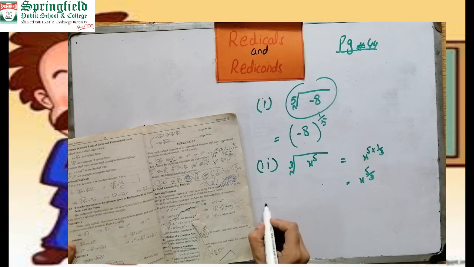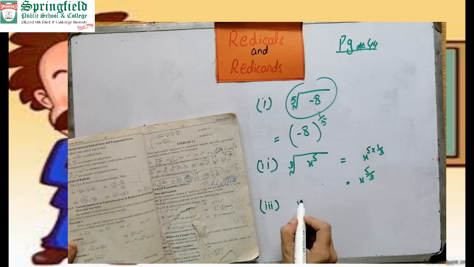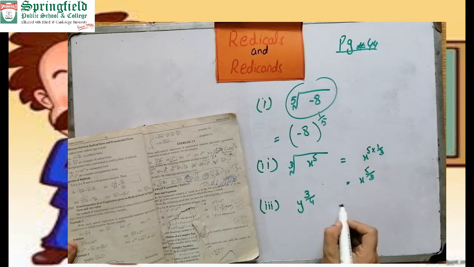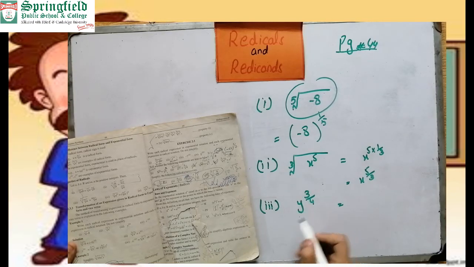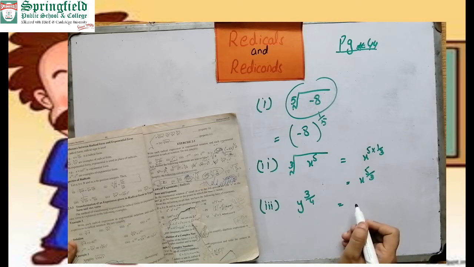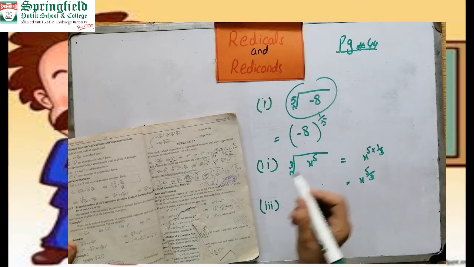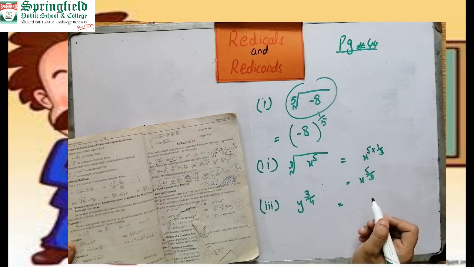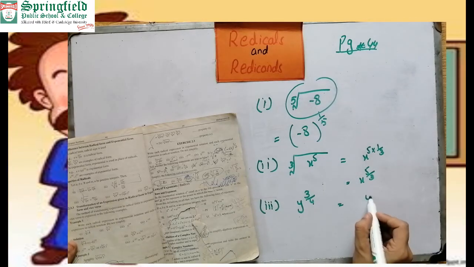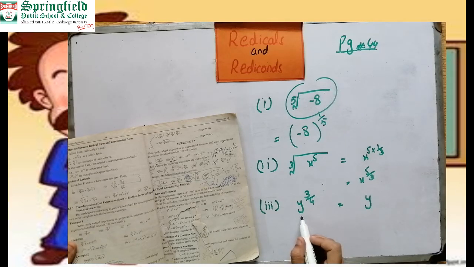Understood, beta? And the third part is y to the 3 by 4. This form is called the exponential notation or form. How can we write it in radical form? First we write the base. Y is the base here. Fine.